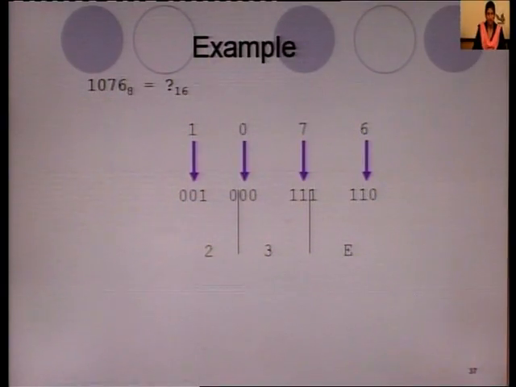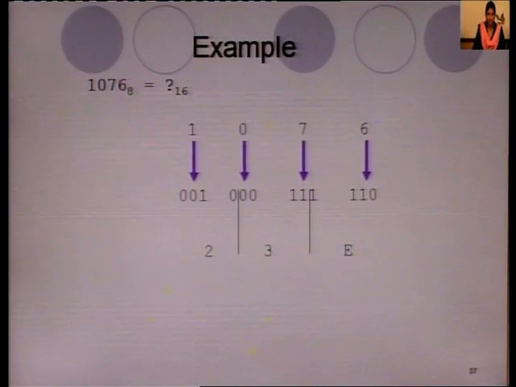We combine these groups and then group the bits again in four bits. The first group will be 1110, the second group will be 0011, and the third group will be 0010.